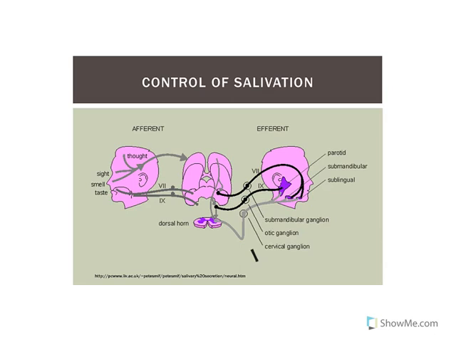And you'll notice we have two cranial nerves that will be important in salivation. You have cranial nerve number 7, which you see here, the facial nerve. And we have 9, which is the glossopharyngeal nerve.